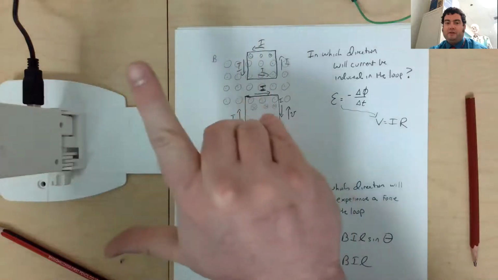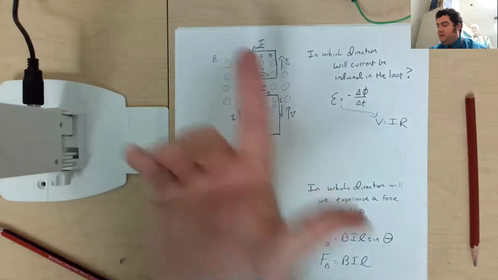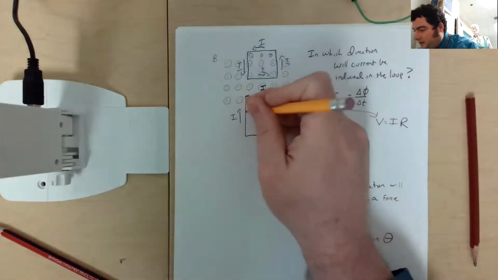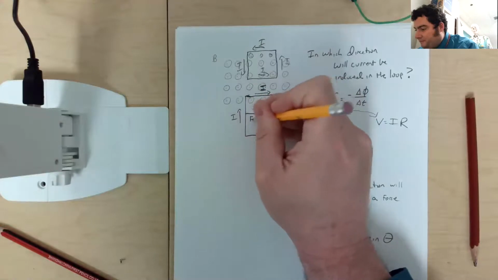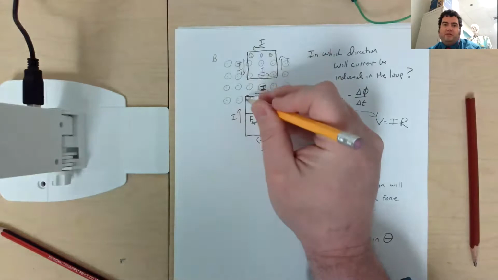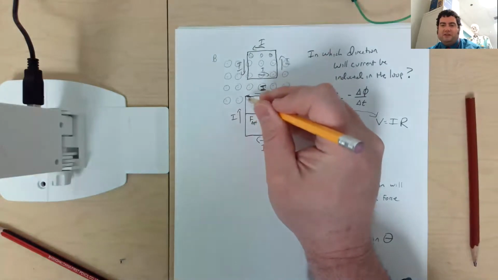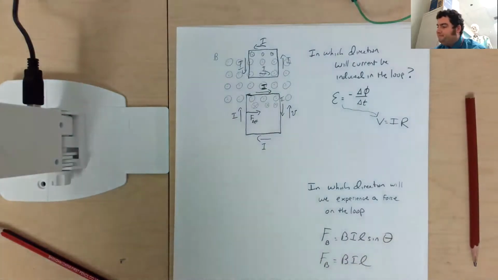I'm going to curl my fingers outward because that's the direction of the field. And that means that this side here is starting to experience a force in this direction. And it's just because of essentially this part that's entering. So really I should have drawn it up there, but I was worried it was going to get too confusing.